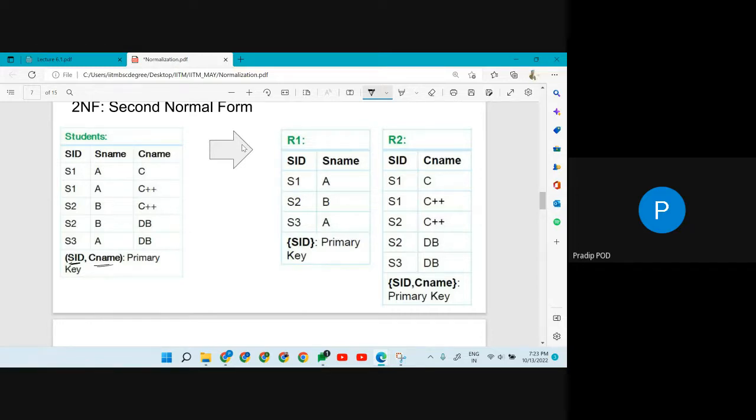SID and CNAME is your primary key, so the functional dependency is that SID, CNAME derives all other attributes, that is SNAME. To arrive at the SNAME, you use the combination of SID and CNAME.